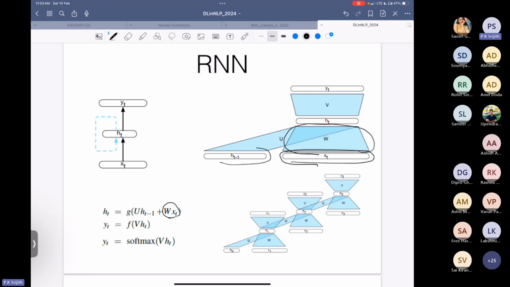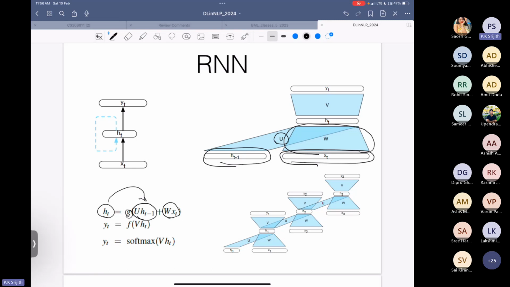So here you have the previous hidden state represented as ht minus 1, which is multiplied with the weight vector U, giving U times ht minus 1. Then you combine these two and pass it through a nonlinear activation function g to obtain some hidden representation at time t. So it recursively considers the hidden representations in forming a new hidden representation and maintains some dependencies with the past data.